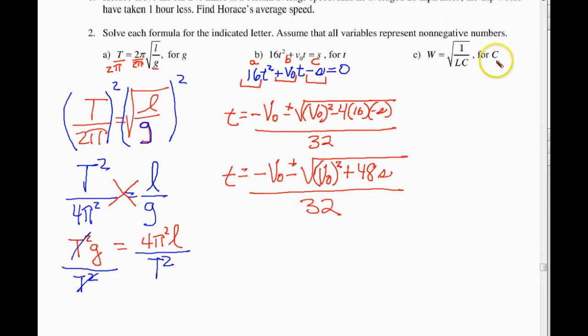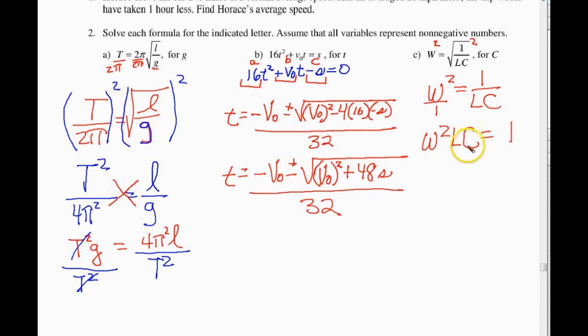Okay, let's do this one here. Now, the main thing here, we're going to square both sides. So when we square both sides, we get w squared equals 1 over LC. And again, this is over 1. We can cross multiply. So we get w squared LC equals 1.